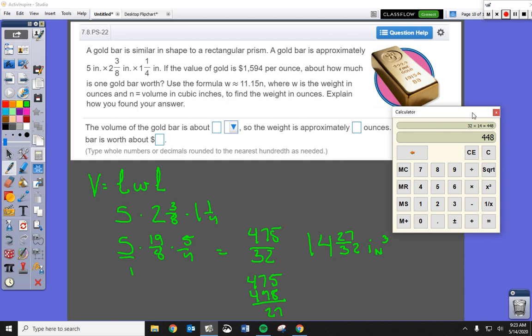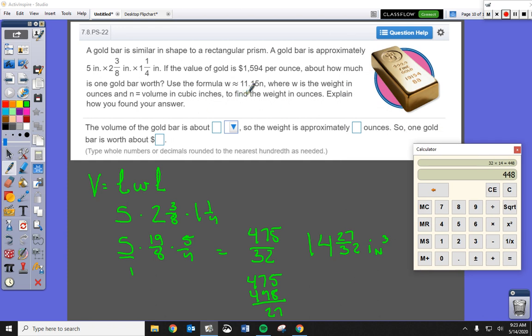Now it says use the formula W is approximately 11/1500 N, where W is the weight in ounces and N is volume in cubic inches. Well, here's the volume in cubic inches.